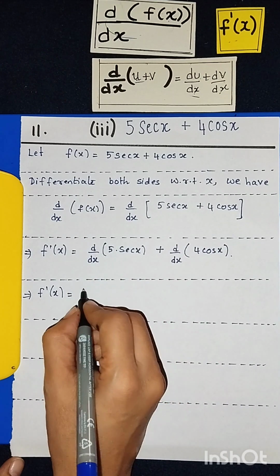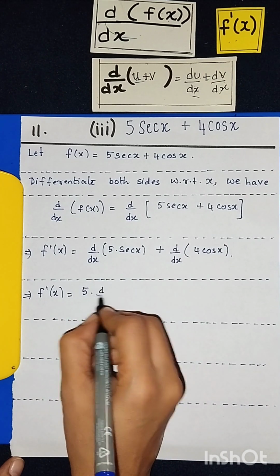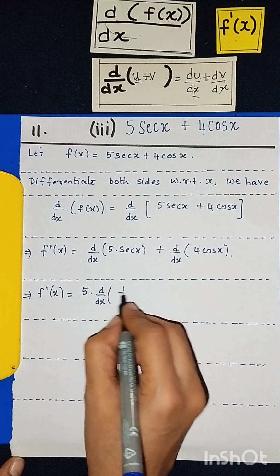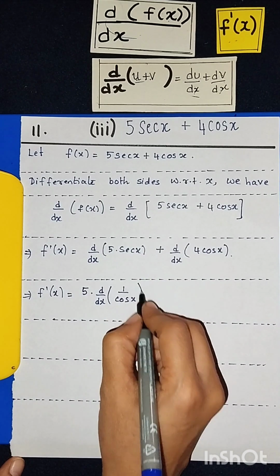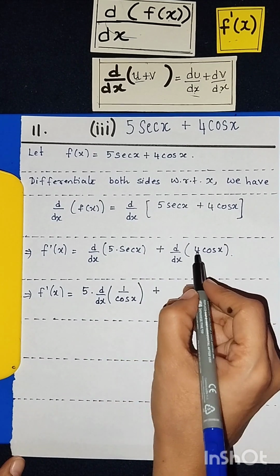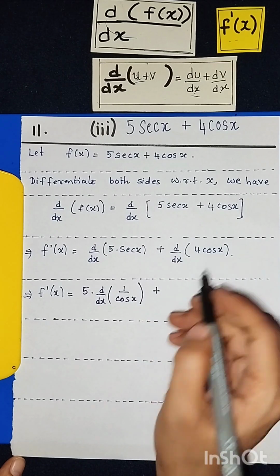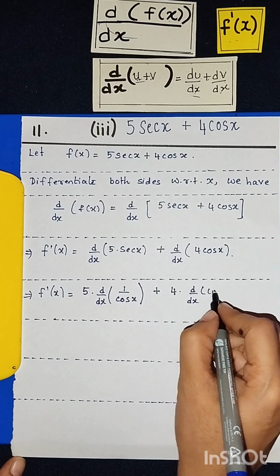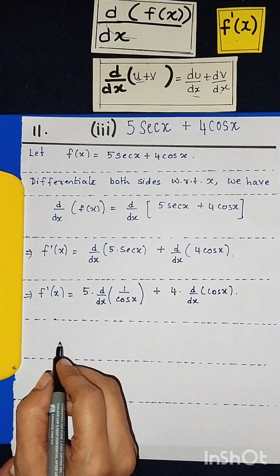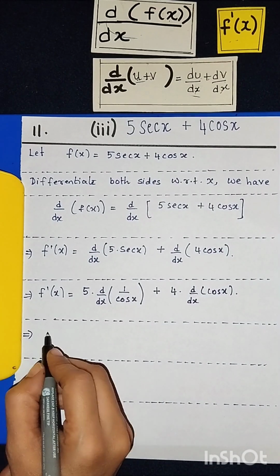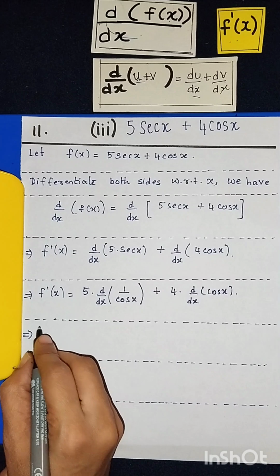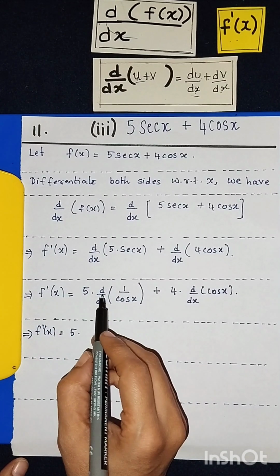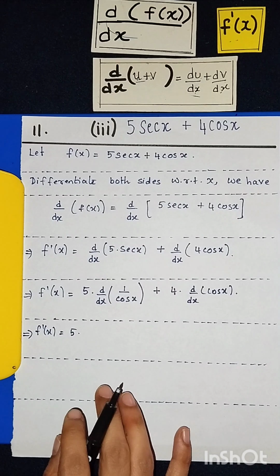So we will take the constant outside and we will differentiate secant x. So secant x can be written as 1 by cos x, plus, here also the derivative of a constant into a function. So we will write the constant and then d by dx of cos x. Now this implies f dash of x is equal to 5 times the derivative of 1 by cos x.